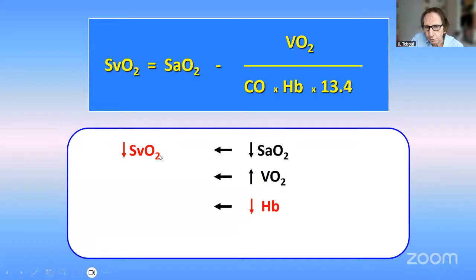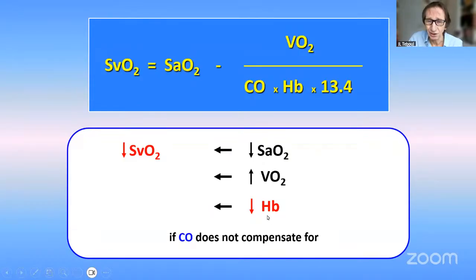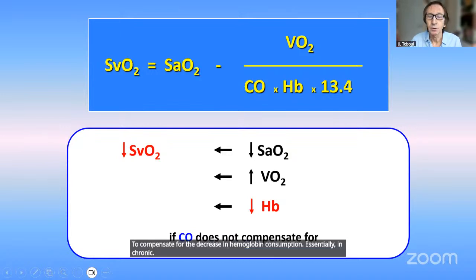And also, SVO2 can decrease simply because of a decrease in hemoglobin concentration, again if cardiac output does not compensate for this decrease. In the majority of cases, you should have an increase in cardiac output to compensate for the decrease in hemoglobin concentration, essentially in chronic conditions.